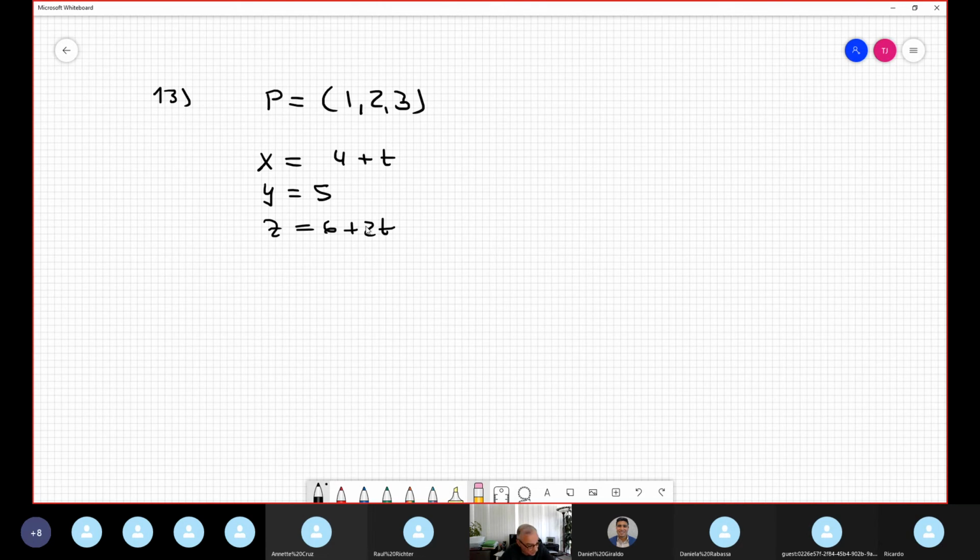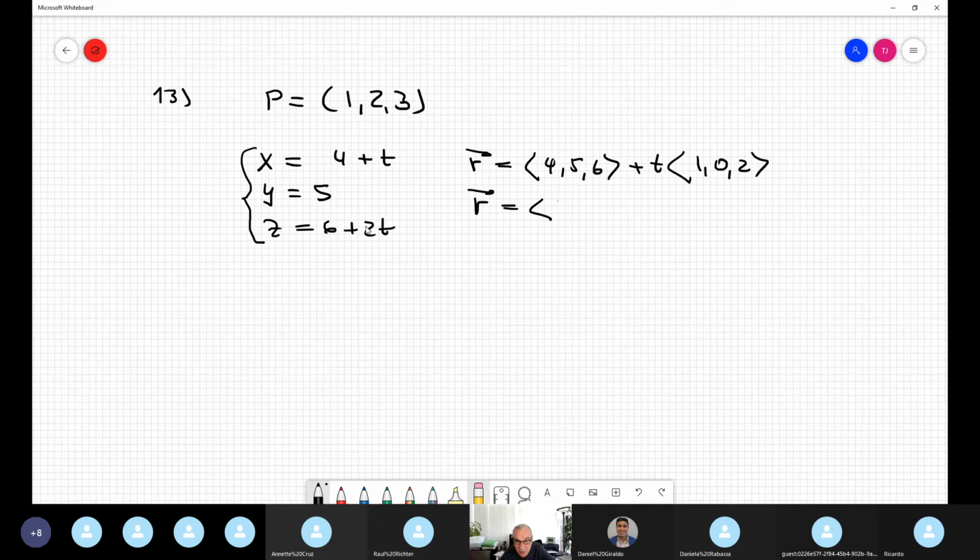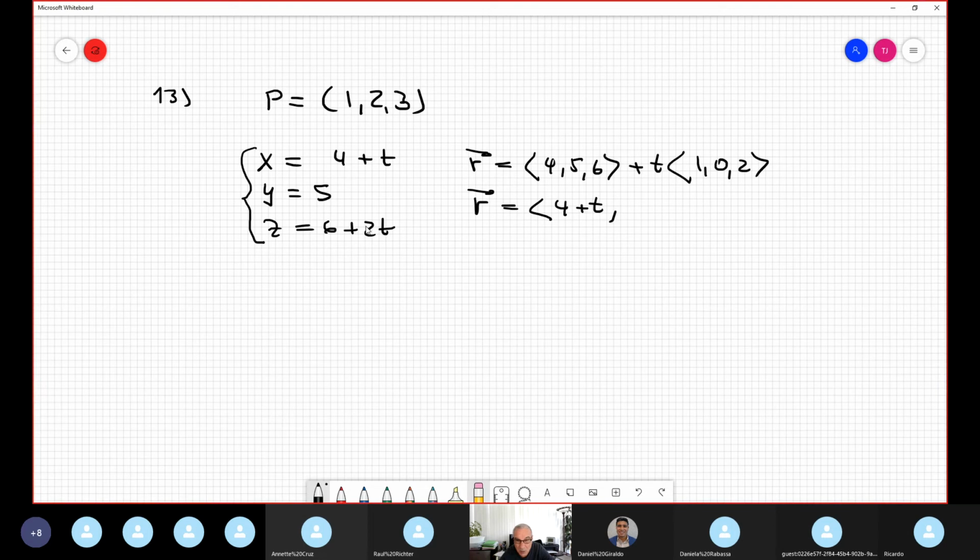So basically, if you want to express it like a vector-valued function, this is the vector 4, 5, 6, and the direction is 1, 0, 2, because we have no t in y, it's missing. This is another way. I like parametric so much. The vector function is like that or like that: 4 plus t, comma, 5 alone, no t, comma, 6 plus 2t.